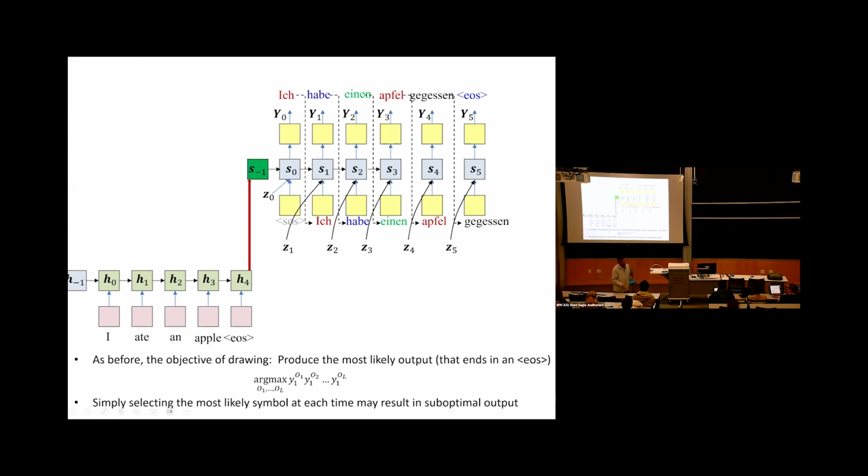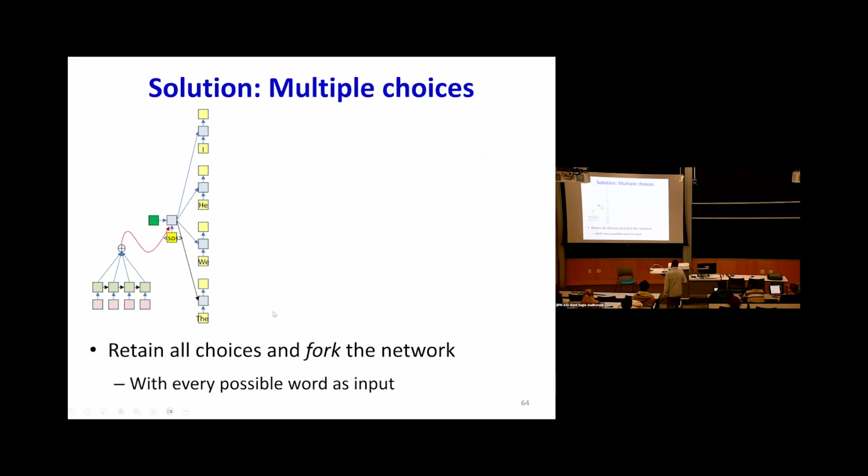Now, of course, the cheap solution is to always be greedy and just draw the most probable word, or maybe do something random and just randomly choose a word. But if you want to be more optimal, then you actually want to expand the tree out and perform beam search.